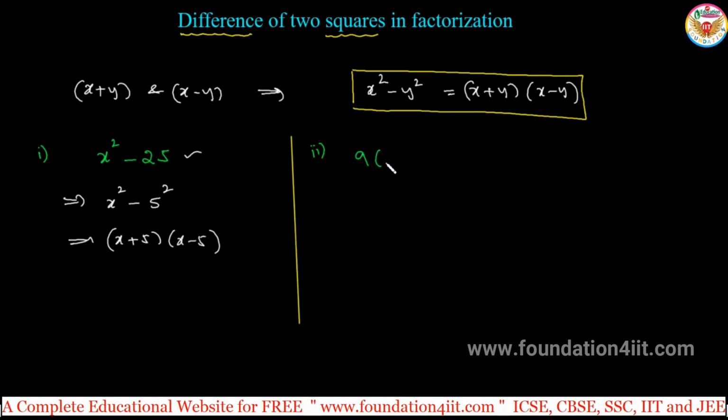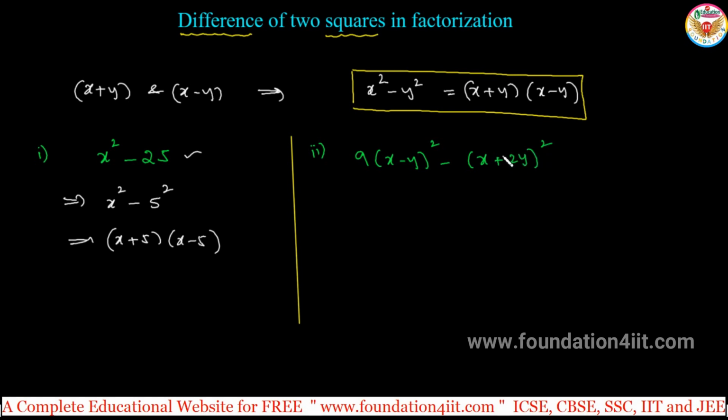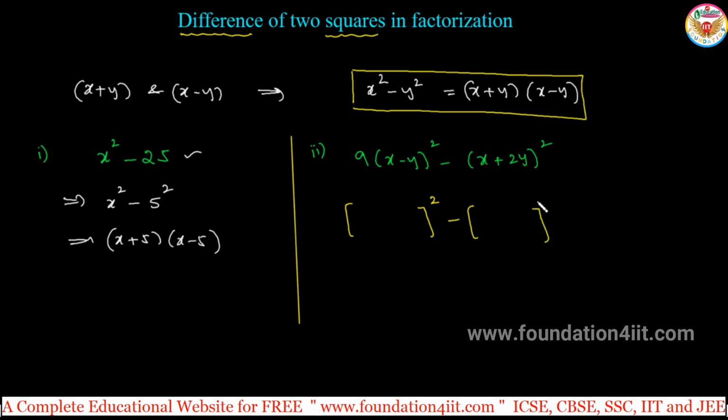The question is 9 into x minus y whole square minus x plus 2y whole square. Always for this difference of two squares, the first one you should write as some expression whole square, minus the second one also an expression square. Then only we can apply the formula: first expression square minus second expression square.